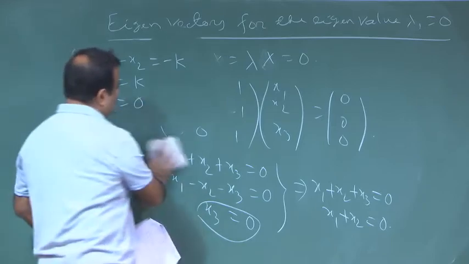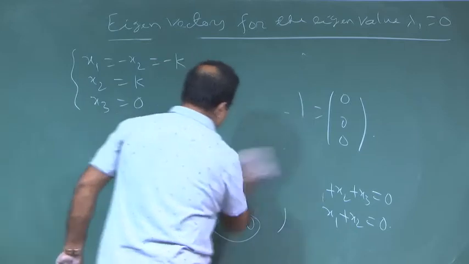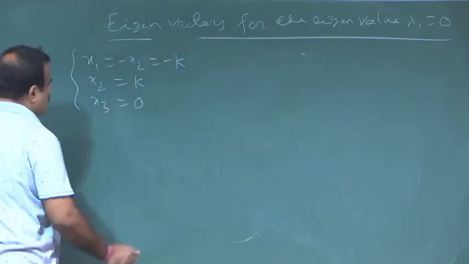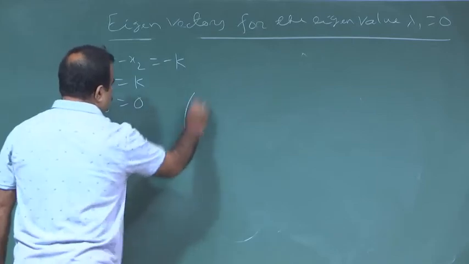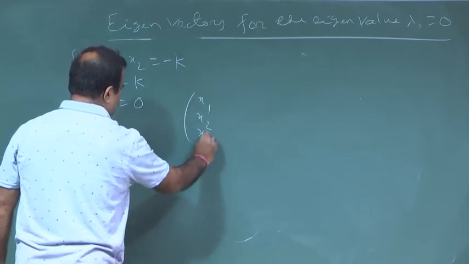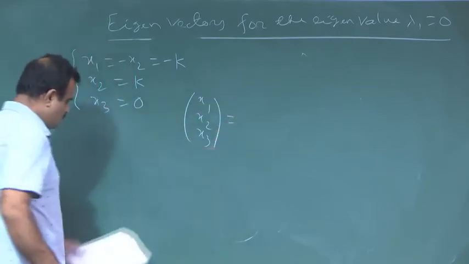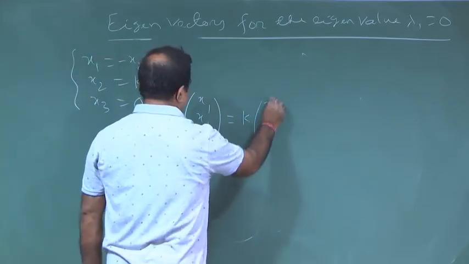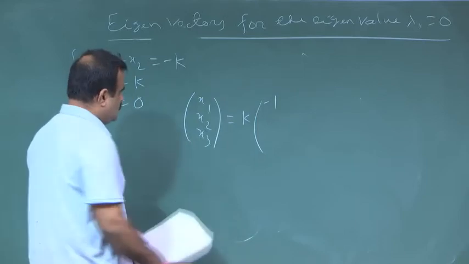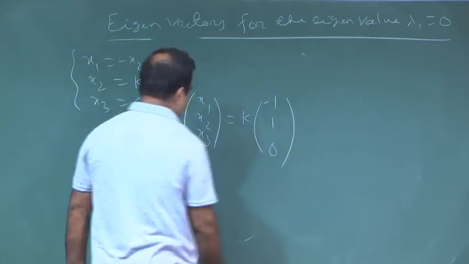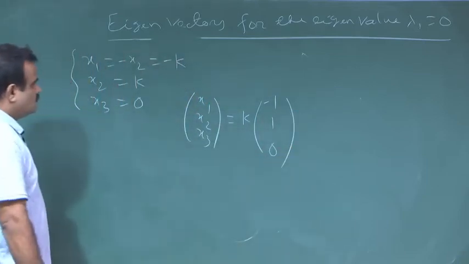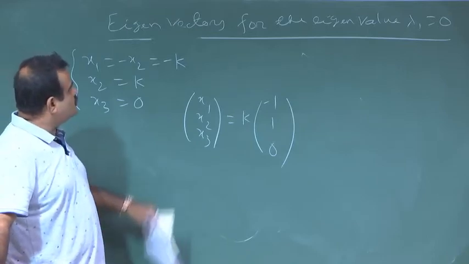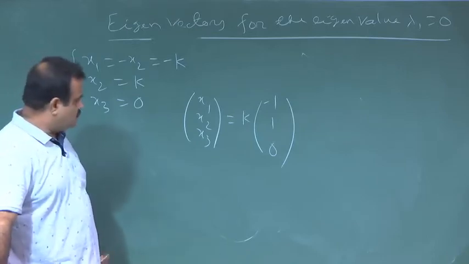It corresponds to the vector x 1, x 2, x 3, written in column form, and if we take k common, it is minus 1, 1, 0. So, this is the set of all possible eigenvectors corresponding to the eigenvalue 0.